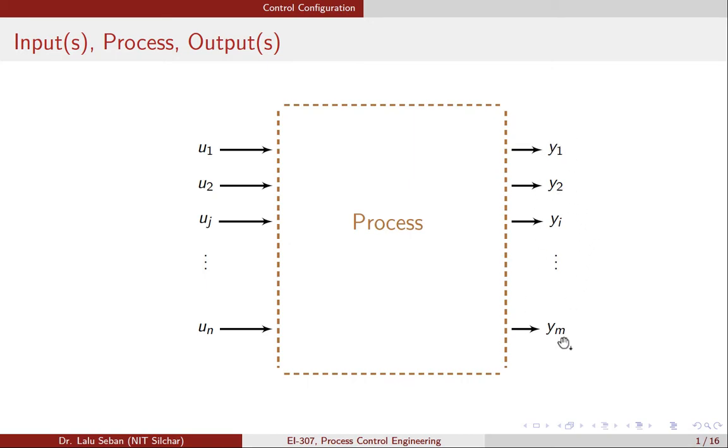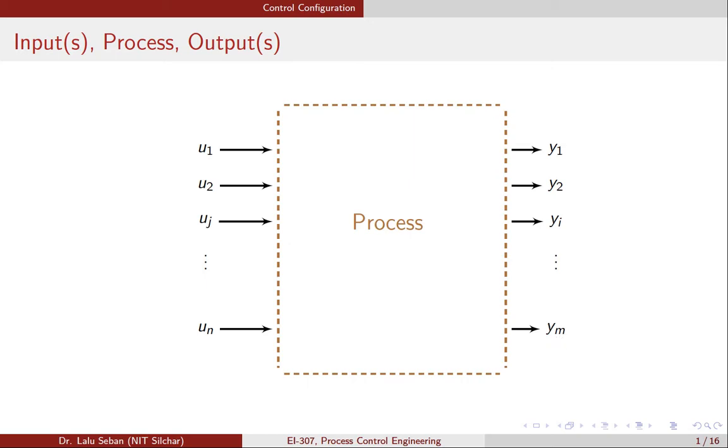So for control purposes we need to measure the output. As I have told, some of them will be the controlled variables like concentration, flow, and so on. But in some cases, say for example concentration, it is very difficult to measure concentration instantaneously. So what people do is infer the concentration by measuring some other related variables like temperature.